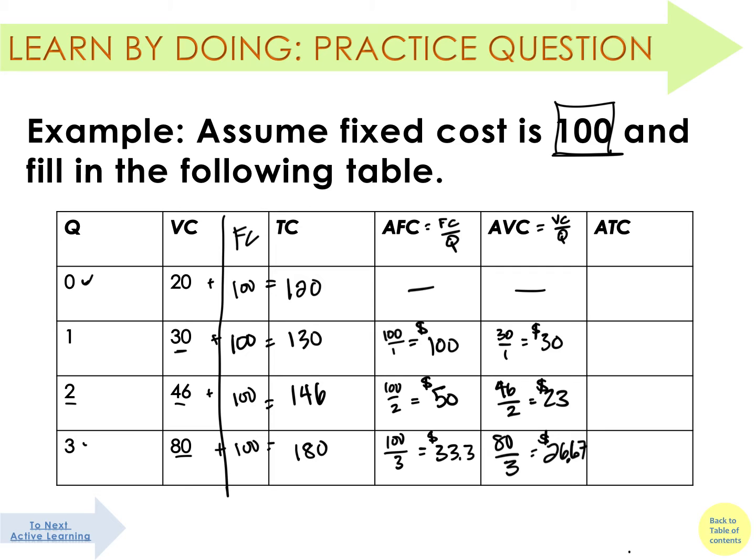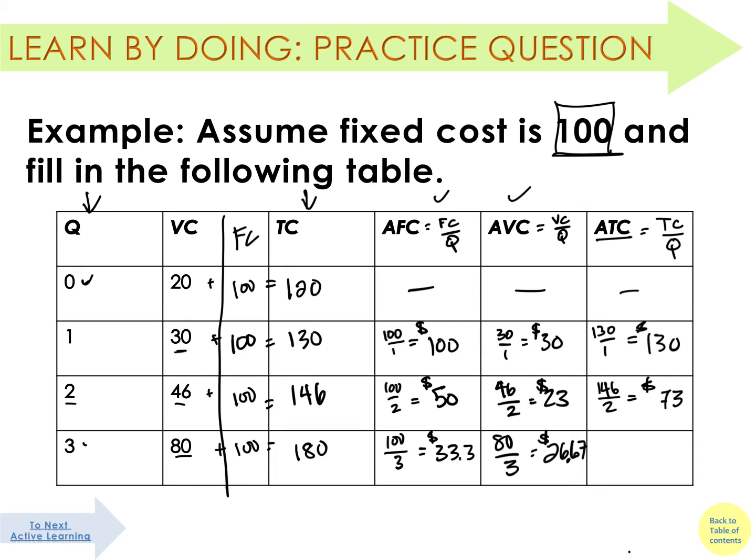And last but not least, we can do average total cost. Two different ways, as it turns out. Do you know what the second way is? So we can either do total cost divided by quantity, which is more dividing, but we're looking at this column, dividing it through by this column. So can't do that over 0. We can do it over 1, 130 over 1, 146 over 2, or we can just add average fixed and average variable cost together.